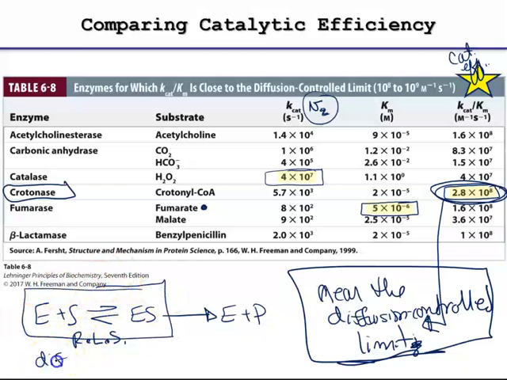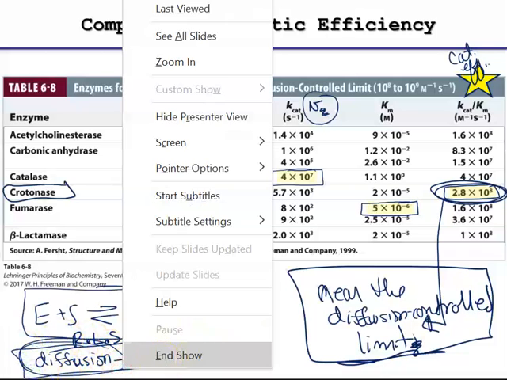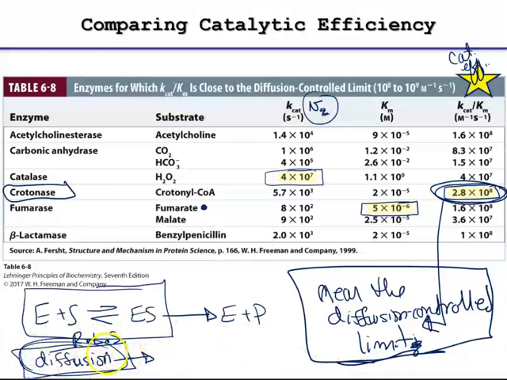Because it is moderated by diffusion. And diffusion is going to be required for the bumping together of enzyme and substrate in the proper orientation in order for binding of the substrate at the active site. So this rate limiting step is governed by diffusion, which is a slow and random process.